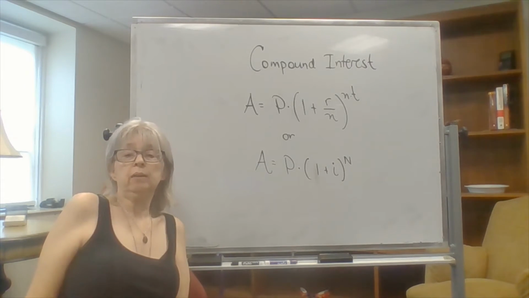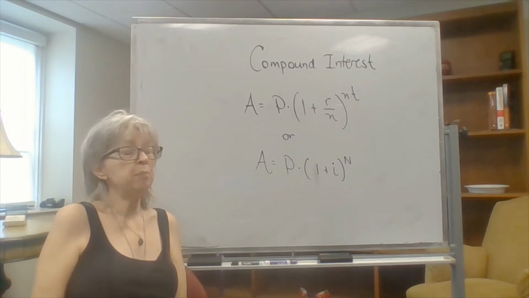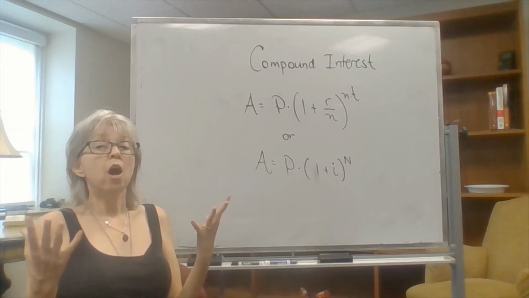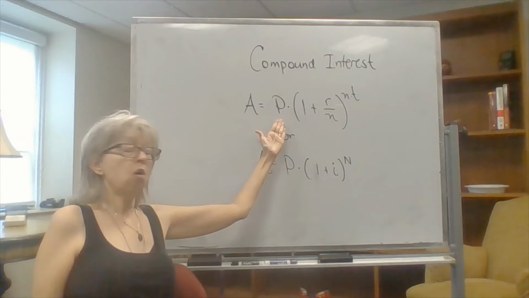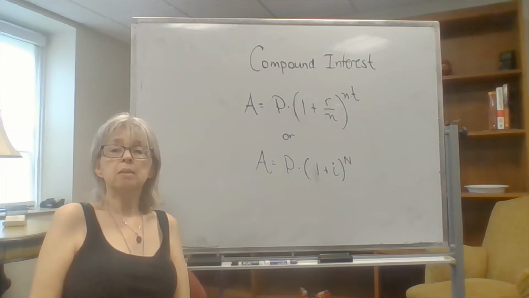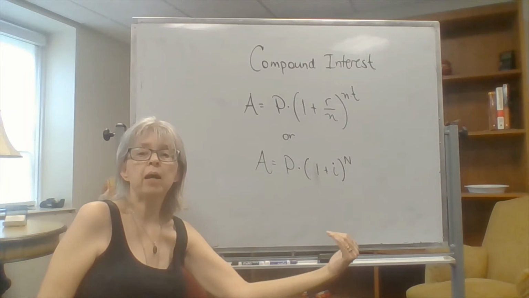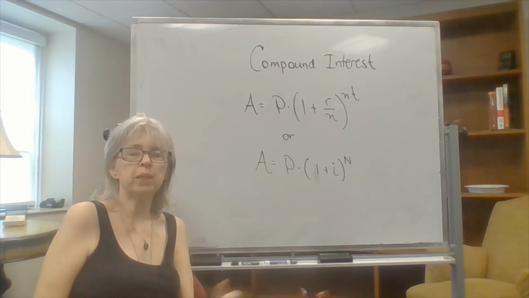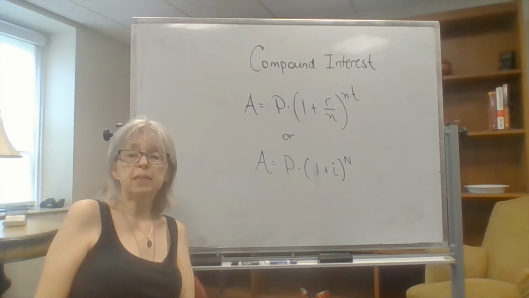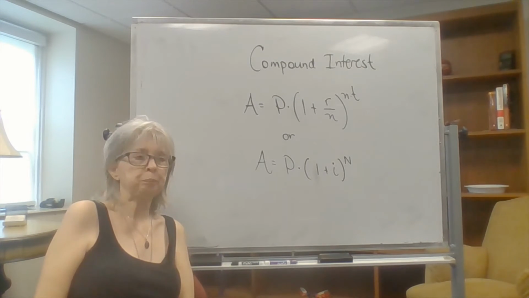The Google Sheet will ask you to input the known pieces and solve for the missing piece. How much do I need to invest now in a certain account to have a desired amount of money at a particular point in the future?